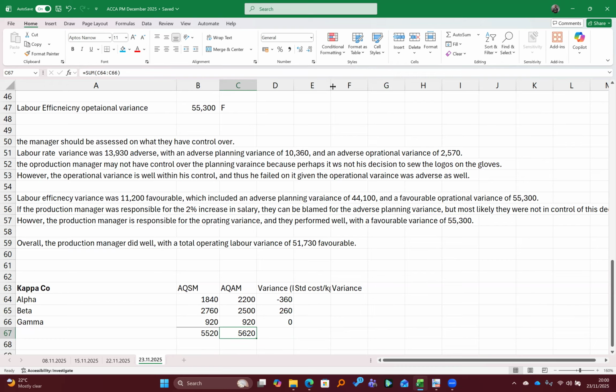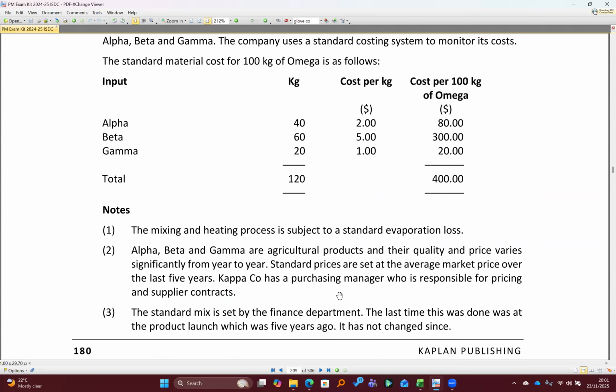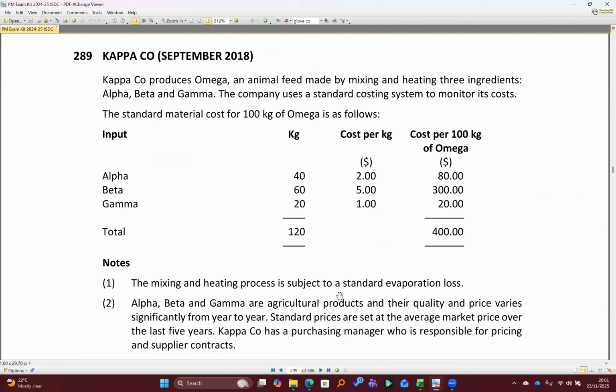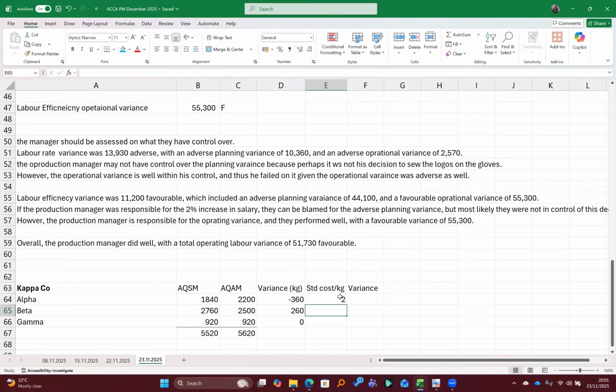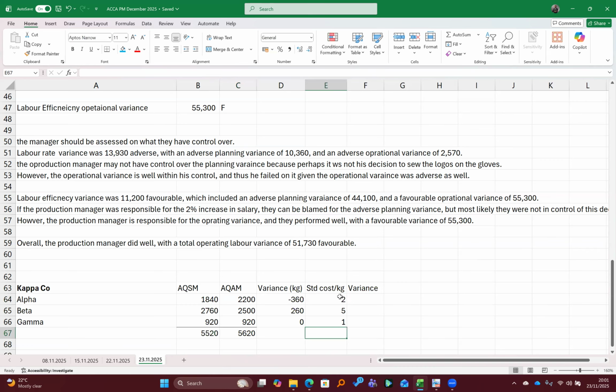But because the price is different, even though we used more in total, the variance may not be negative. But let's see. So this is the standard cost, 251. Now to get the variance, you multiply this variance in kilos by the standard cost per kilogram.